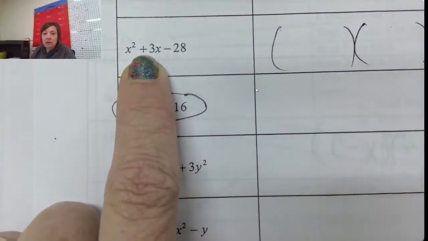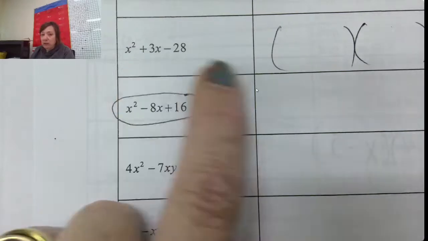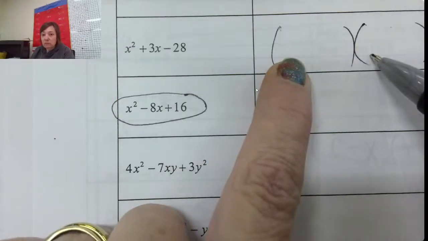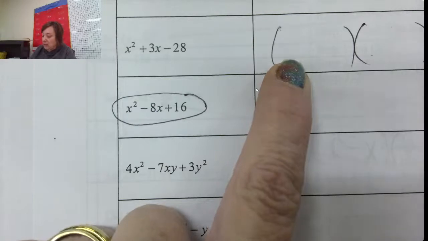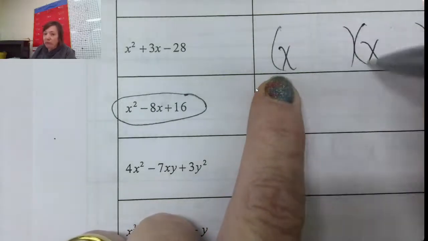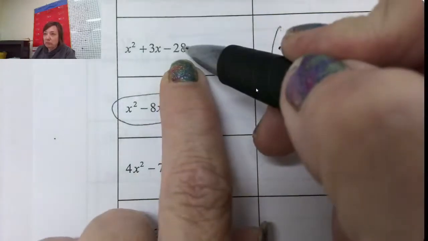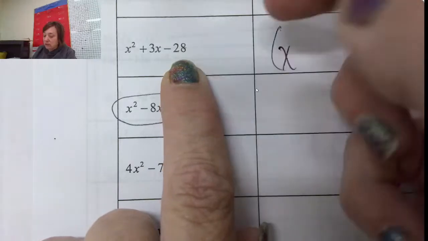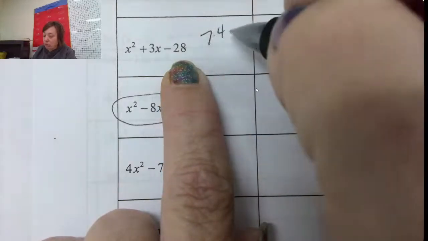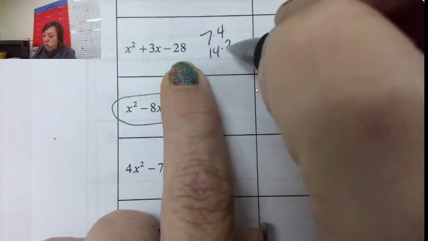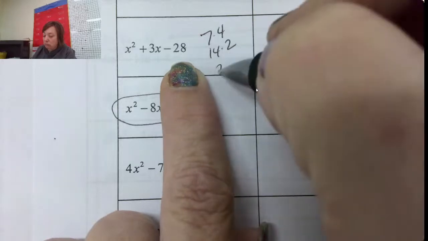Right? What's going to go here and here? X and x. Right? And then what are factors of 28? 7 and 4. 14 and 2. 28 and 1.